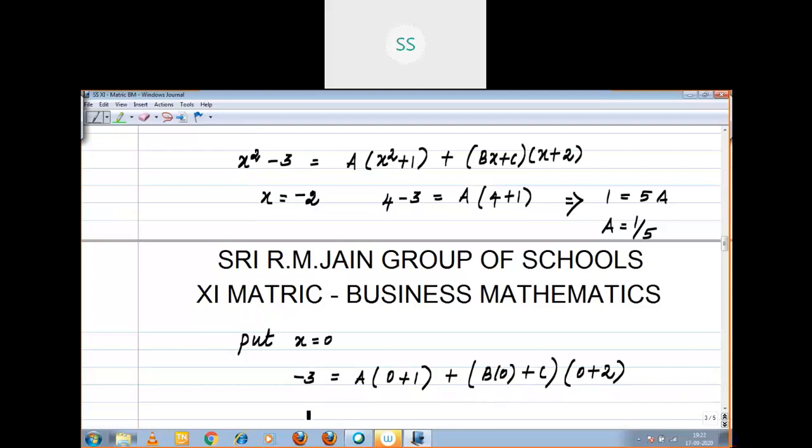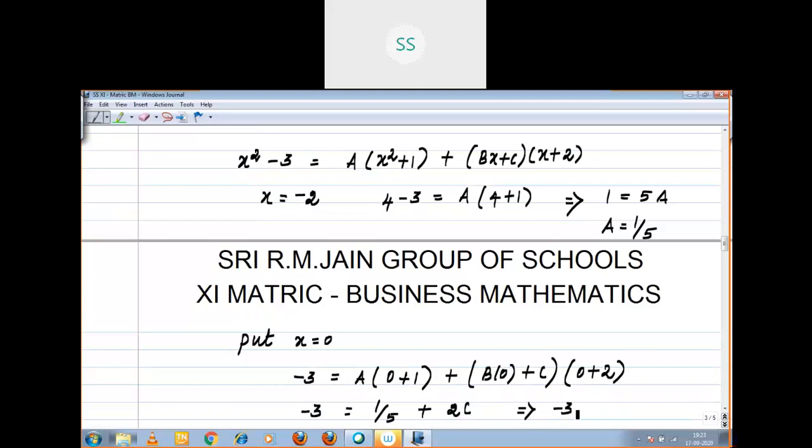What, children? If I substitute 0, b vanishes. So minus 3. A value you know that is 1 by 5, plus here 2c. What can you get? 2c.